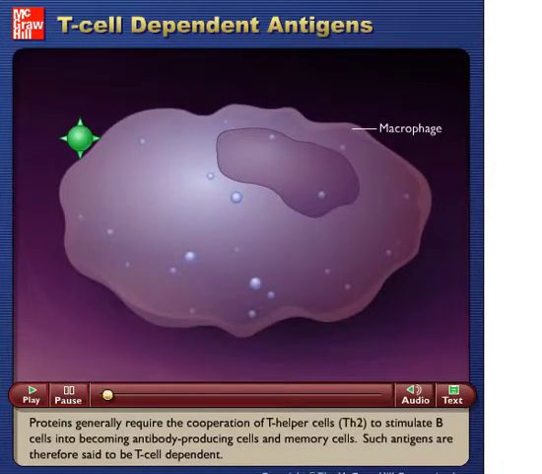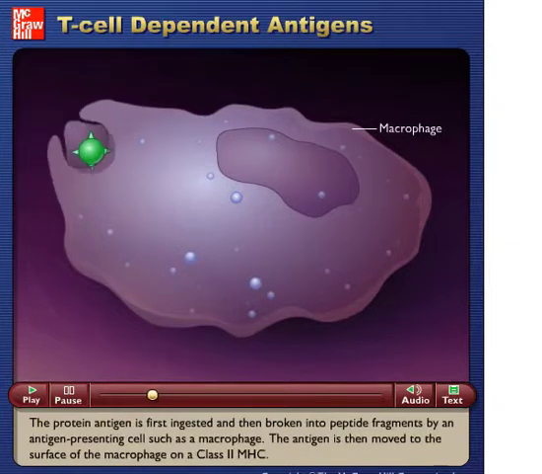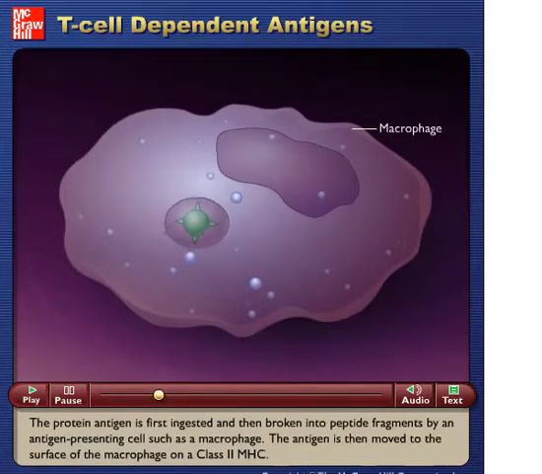Proteins generally require the cooperation of T helper cells, Th2, to stimulate B cells into becoming antibody-producing cells and memory cells. Such antigens are therefore said to be T-cell dependent. The protein antigen is first ingested and then broken into peptide fragments by an antigen-presenting cell, such as a macrophage.